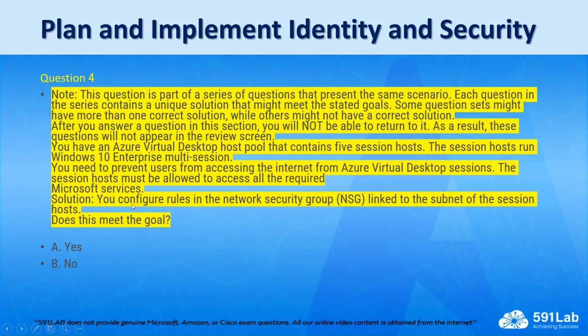The solution they are providing is to configure rules in the network security group linked to the subnet of the session hosts. This is the perfect answer, as I've demonstrated: you need to attach the NSG, network security group, to the subnet, and as a result, all the session hosts that exist within that particular subnet will not be able to access the internet as per the rule policies set within that NSG.